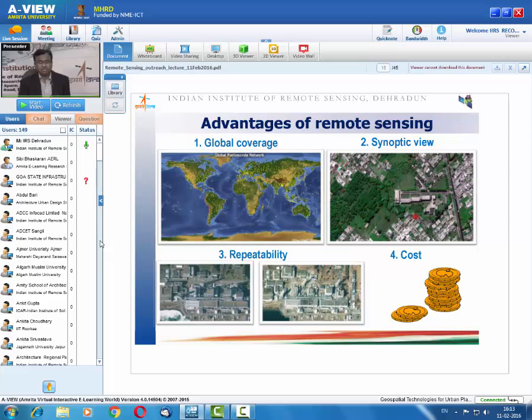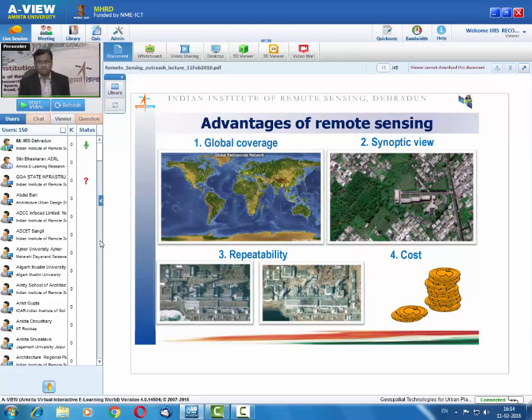It also has a repeatability advantage: the same area is revisited based on the satellite characteristics. So it offers an advantage in urban mapping, as you see the same place at different times and are able to see urban sprawl and growth.